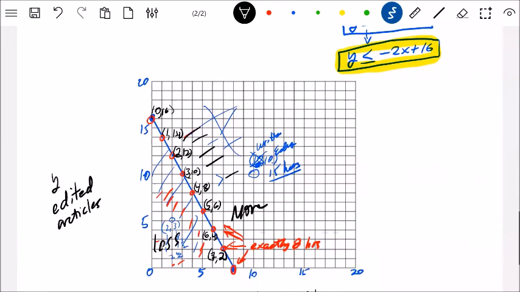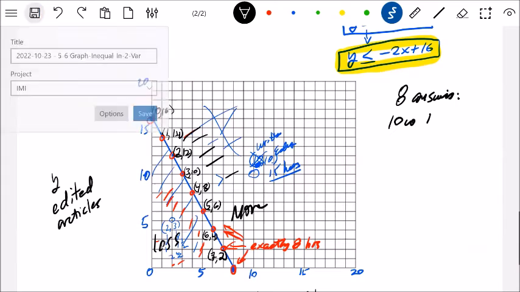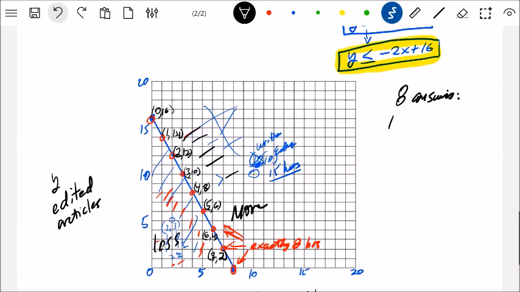So how many articles can he write in one day and edit in one day? So 1, 2, 3, 4, 5, 6, 7, 8 answers. I'm going to start at the top with these. 0 written and 16 edited. 1 written and 14 edited.